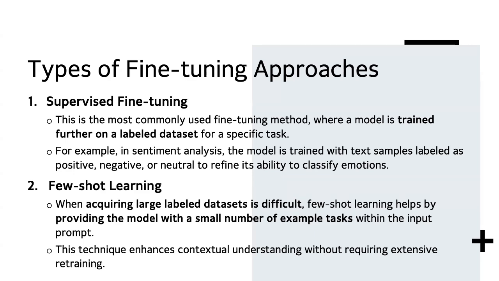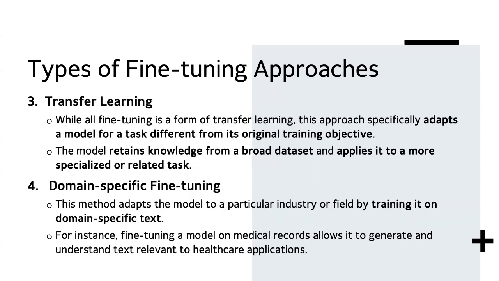Second one is few-shot learning. When acquiring a large labeled dataset is difficult, few-shot learning helps by providing the model with a small number of example texts within the input prompt. This technique enhances text understanding without requiring extensive retraining. Also, we have transfer learning.